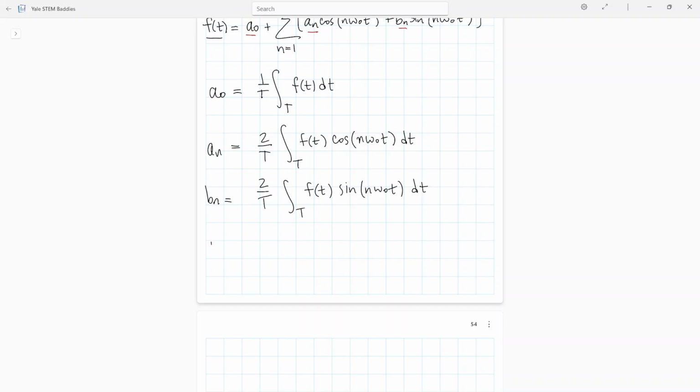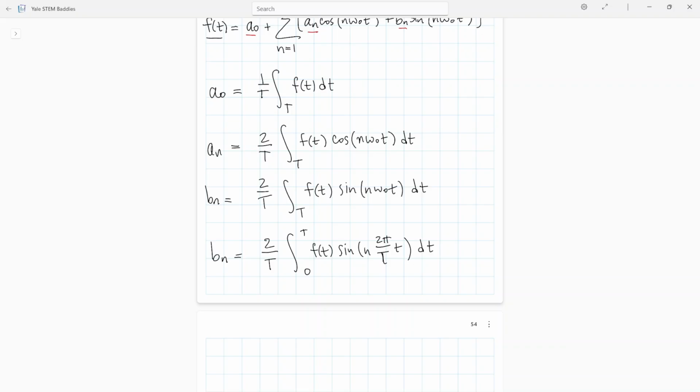But now let's take a look at the b sub n terms. So we have 2 over the period. Let's integrate from 0 to T, a whole period, and then we're going to take the sine of n. Instead of omega naught, let's plug in the actual definition of the fundamental frequency, 2 pi over the fundamental period, dt.